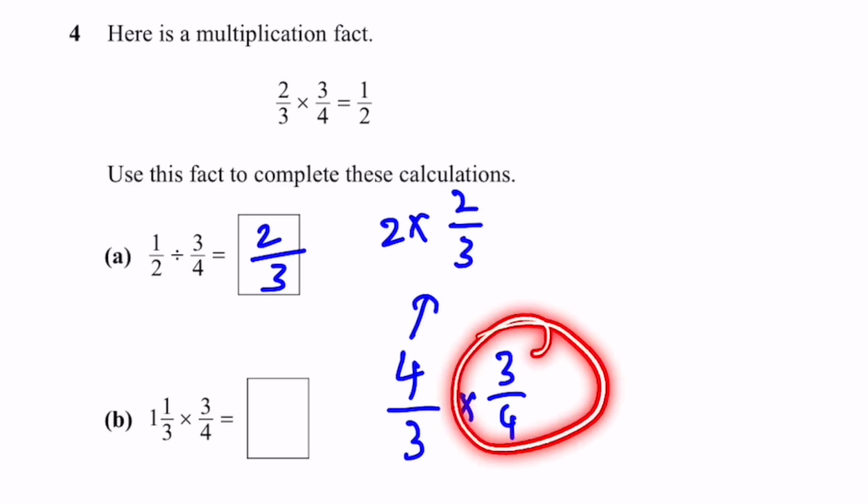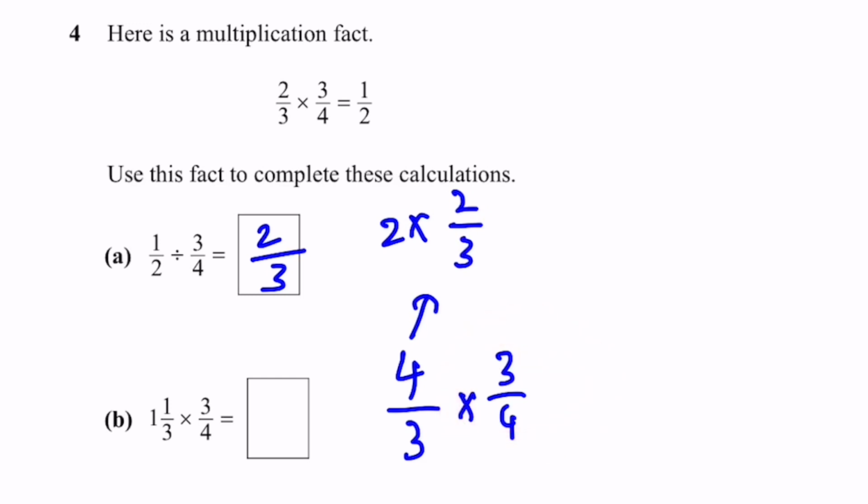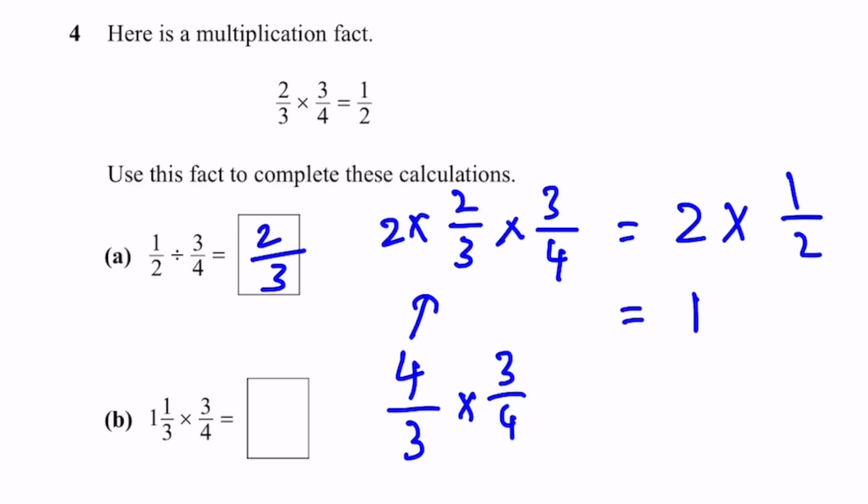When you multiply this by 3 by 4, 2 into 2 by 3 into 3 by 4, you know what 2 by 3 into 3 by 4 is? That's 1 by 2 as given in the fact. That means 2 into 1 by 2 is equal to 1. And that is the answer.